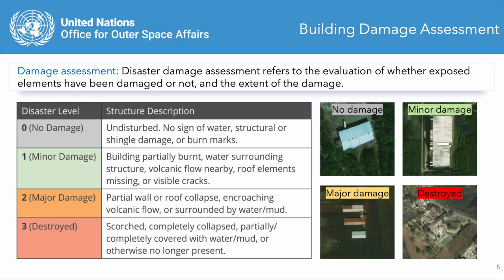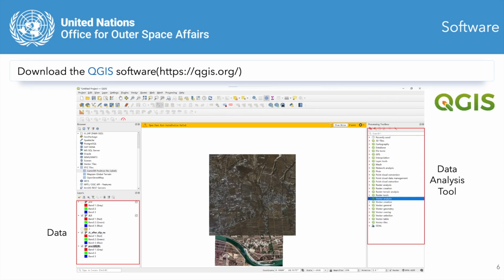Taking a 4-level system as an example: no damage, minor damage, major damage, destroyed. Although current mainstream methods for building damage assessment often rely on advanced technologies like deep learning, in actual emergency scenarios, we can leverage professional GIS software to quickly conduct preliminary manual interpretation and analysis.